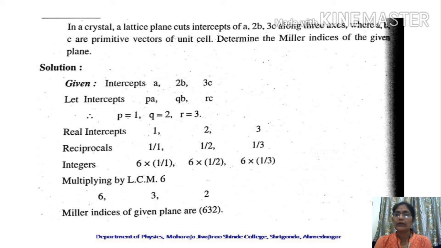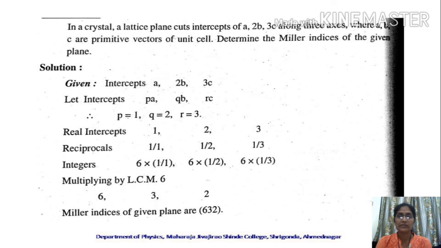Then how to calculate it? There is one procedure. What is that? If you want to find the Miller index of a given plane, the first step is you have to write down the intercepts made by plane with 3 axes. That is, they are given as a, twice b and thrice c.